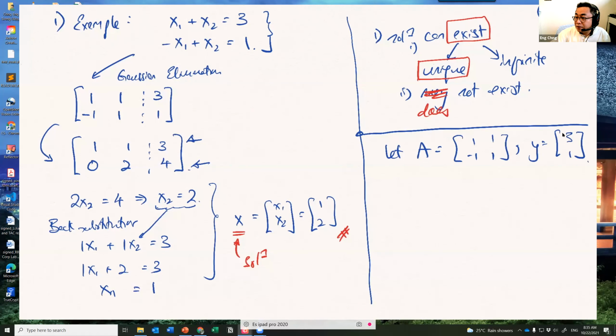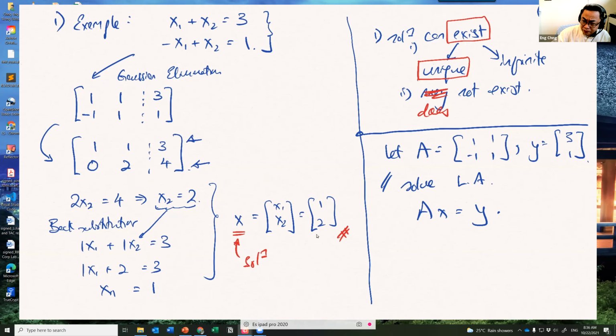So in fact, this is exactly the same problem as this one in another form. In this form, we are trying to solve it using the linear algebra approach, so that we will do AX equals Y. And then now we are going to solve for the unknown X, which will be, of course, 1 and 2.